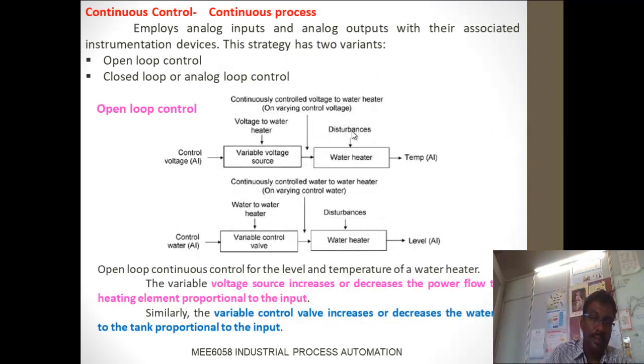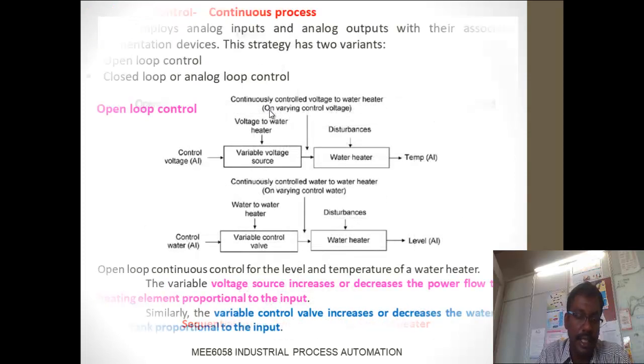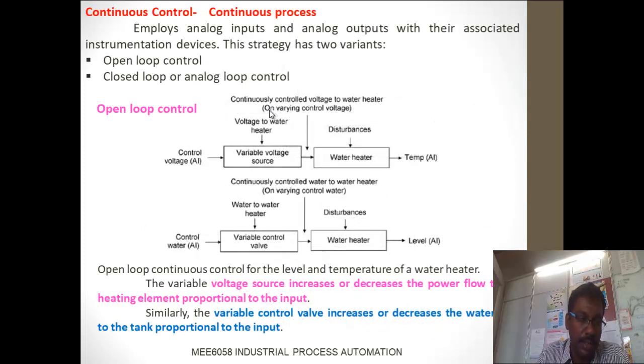We come to the second thing, continuous control. So far we have been discussing the discrete controller. Now we are going to see the continuous controller with a continuous process. Here we take analog inputs and analog outputs for the instrumentation devices. Here it is a continuous signal, analog input and analog outputs.